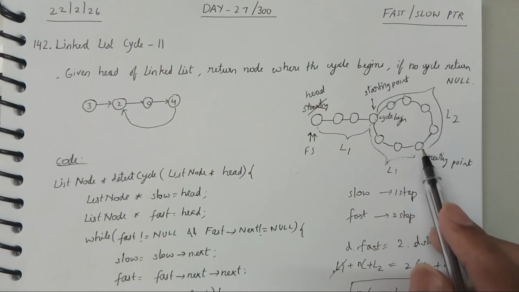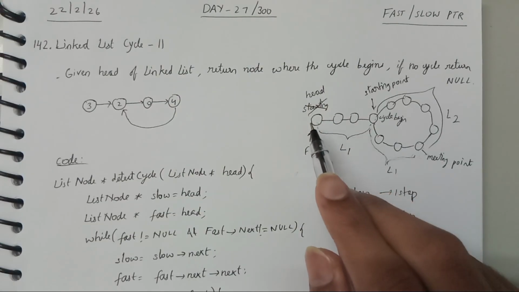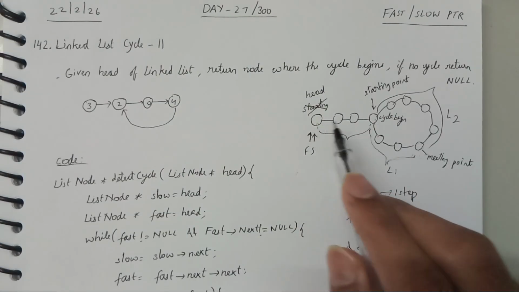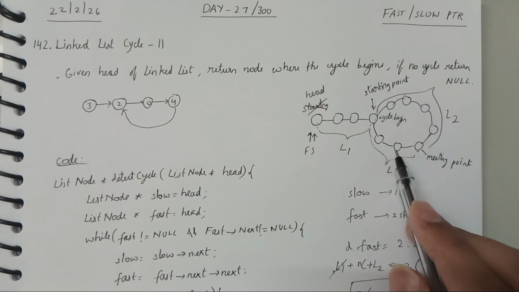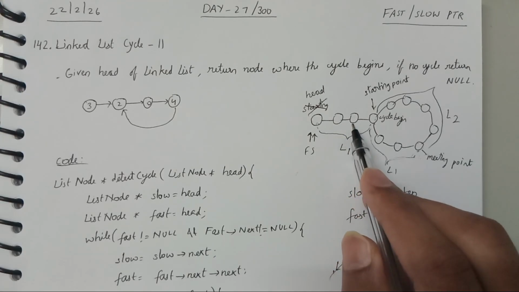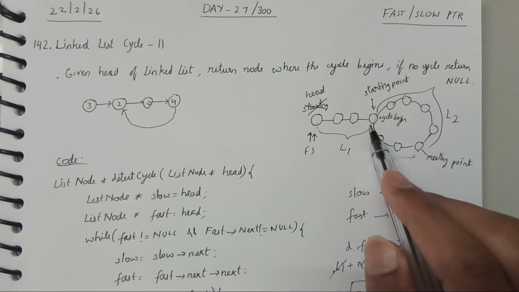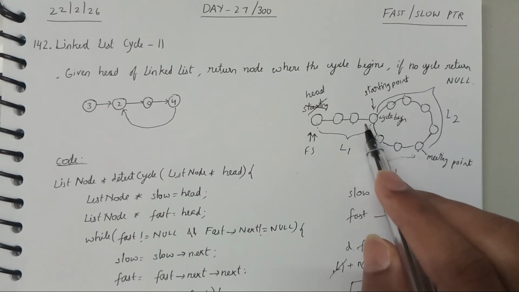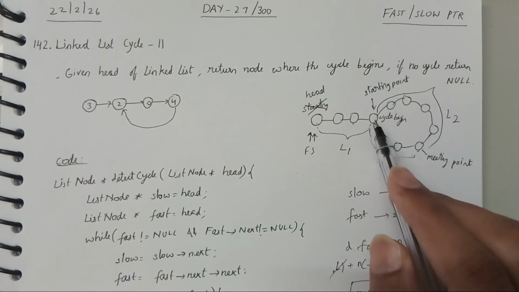Now we shift one pointer again to the head. So let's suppose fast is shifted to head. Now we move each pointer one step at a time. This pointer moves one step, this pointer moves one step, and again this moves here, this moves here. Third step, this and this, and finally they meet at the starting point. So if they meet, then we return the address of this pointer.